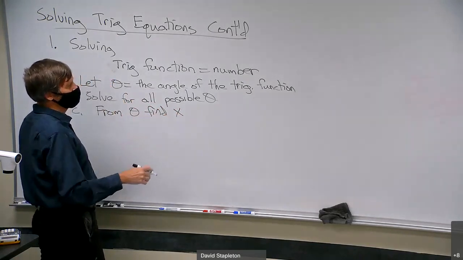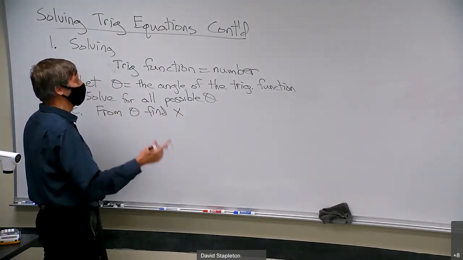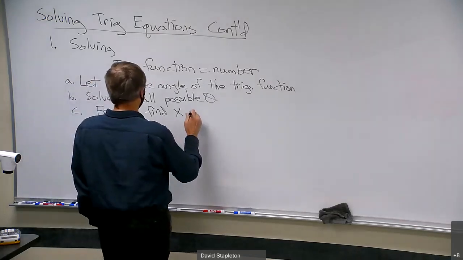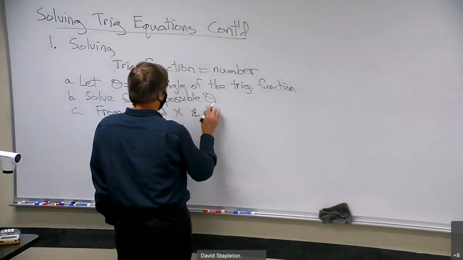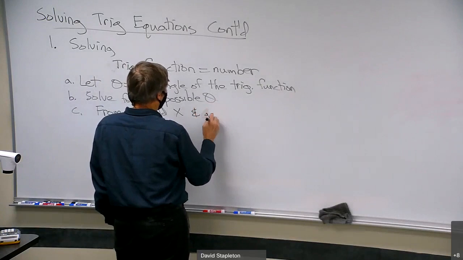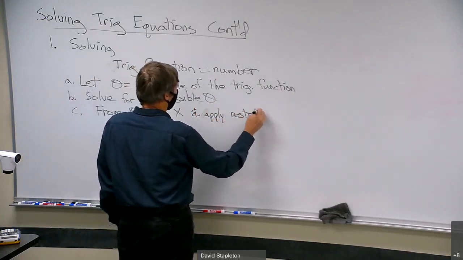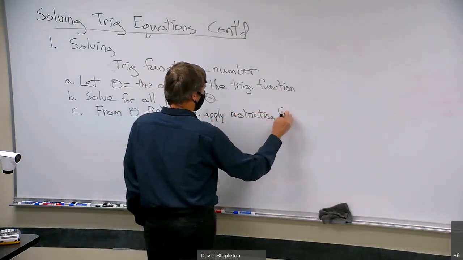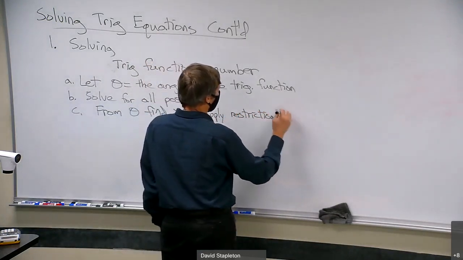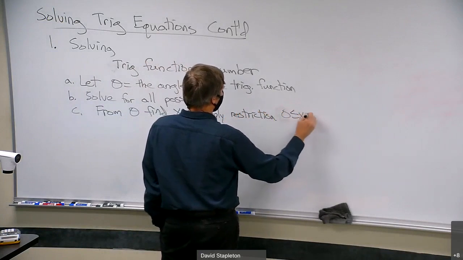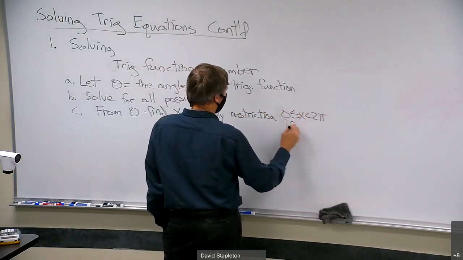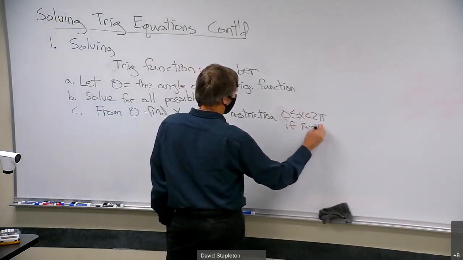We may not want 17 pi over 3 to be a solution. We just want to know what direction it is. So we might apply some restriction, if any. Apply the restriction that 0 is less than or equal to x less than 2 pi if required.